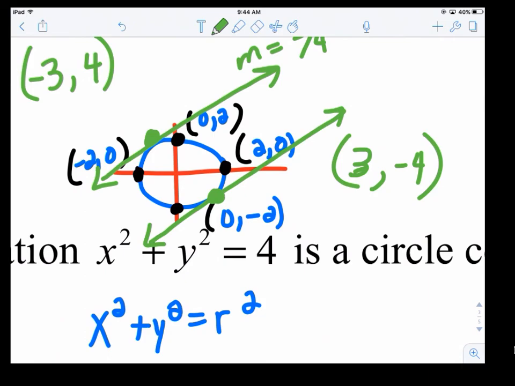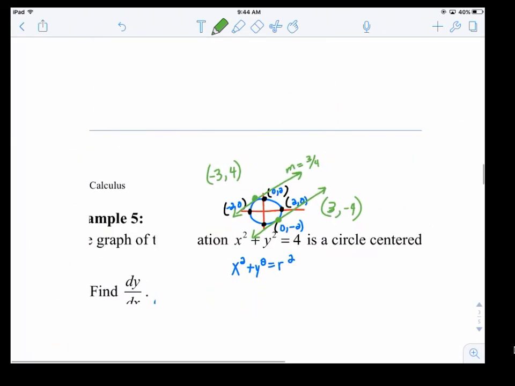So this would be kind of more out here. That's probably what it is. It's probably still using 4 as a radius.